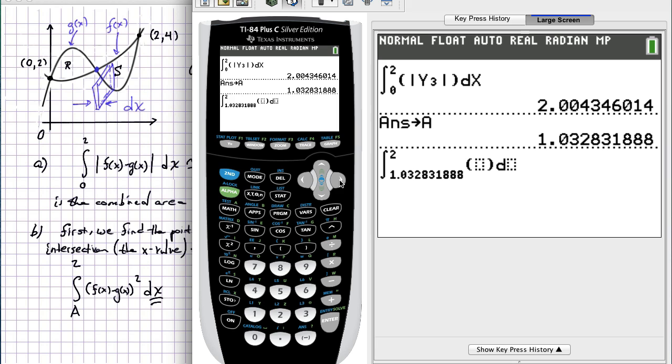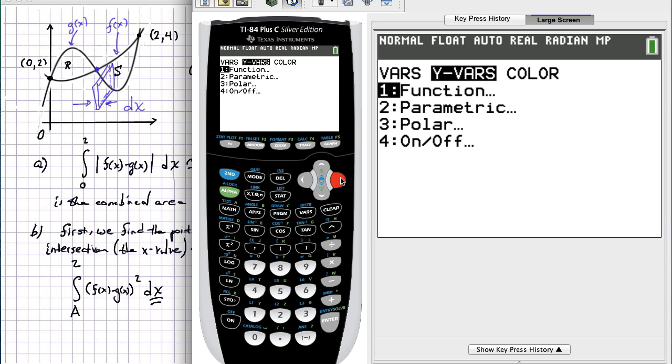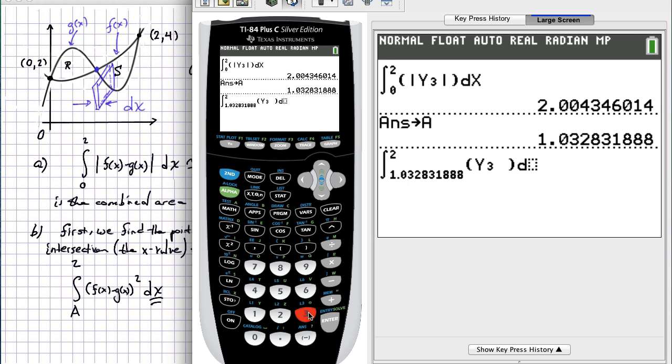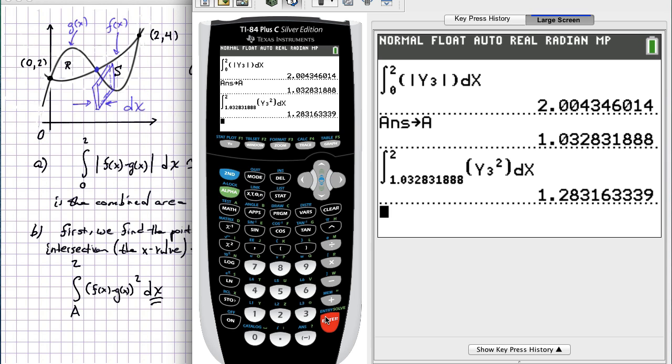The function itself is going to be, again, that difference of f and g, which we have already entered as y3. We have to square that. And we're integrating with respect to x. Oops. 0.2831.